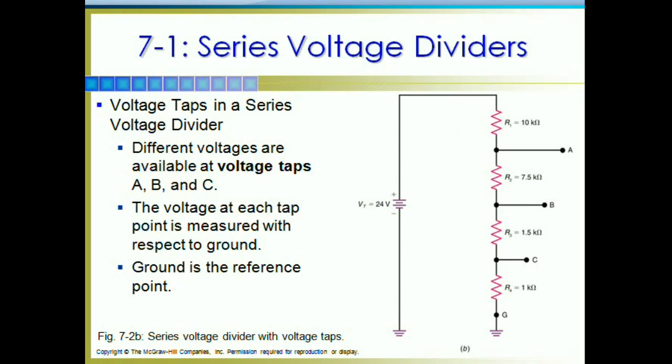That's what happens when you do this at the end of a day. Clear. 1 divided by 20 equals 0.05. All right. Times 24 equals 1.2 volts.